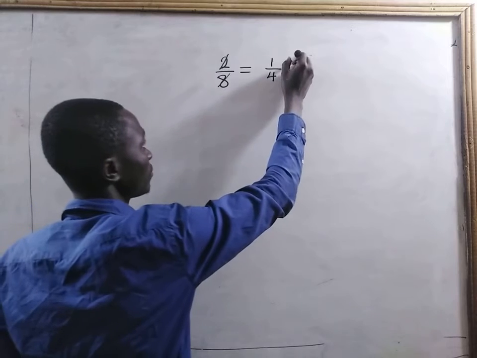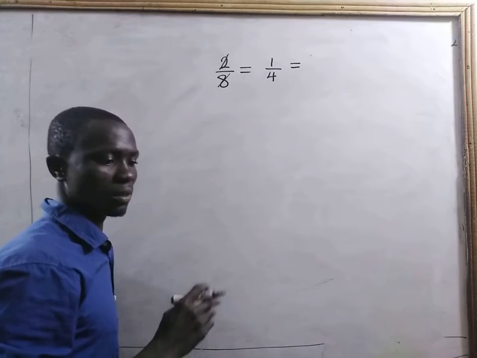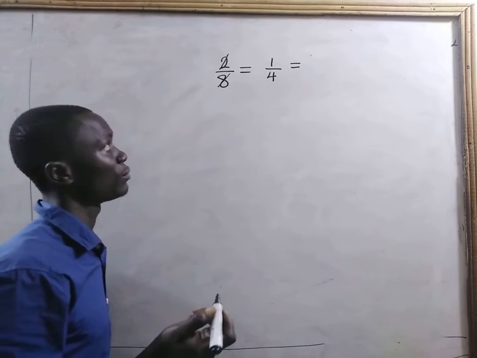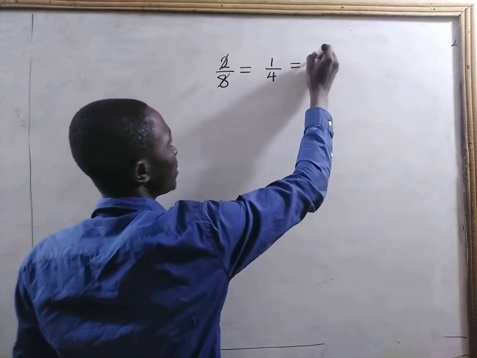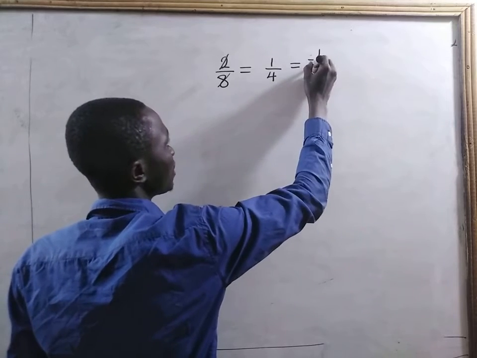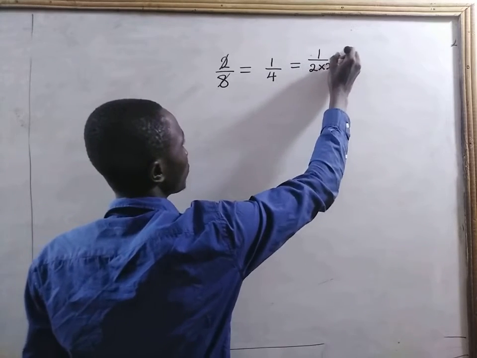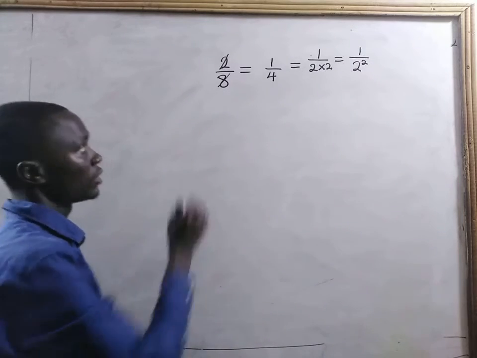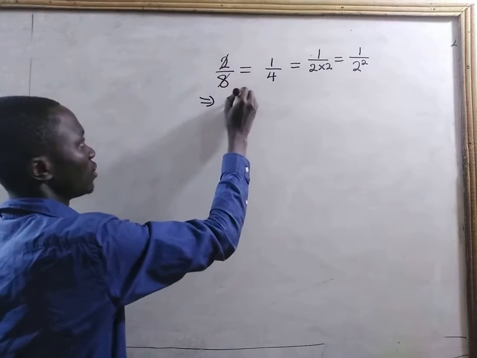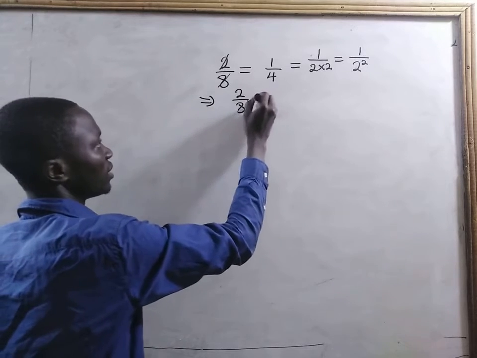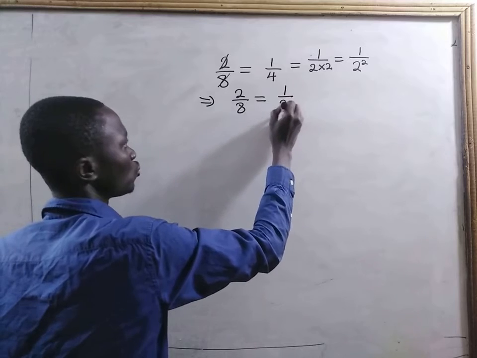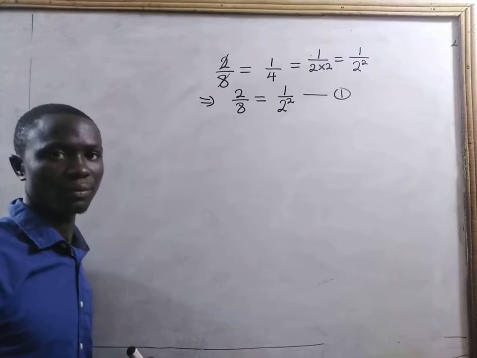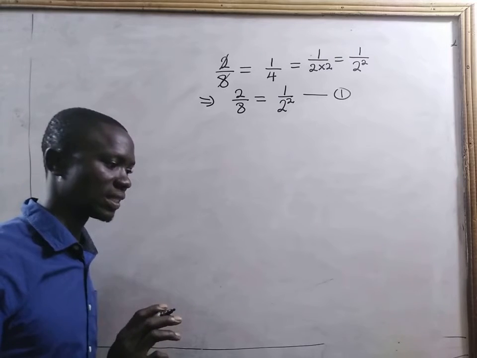Now from the basic rule of algebra, we know that 1 divided by 4 is the same as 2 times 2, that is 1 divided by 2 squared. So this clearly means that 2 divided by 8 is equal to 1 divided by 2 squared. Let's name this equation 1. Very, very simple as that.